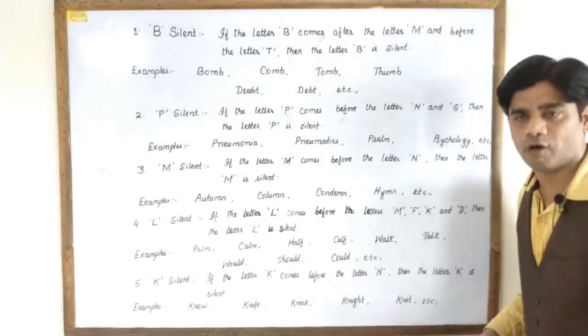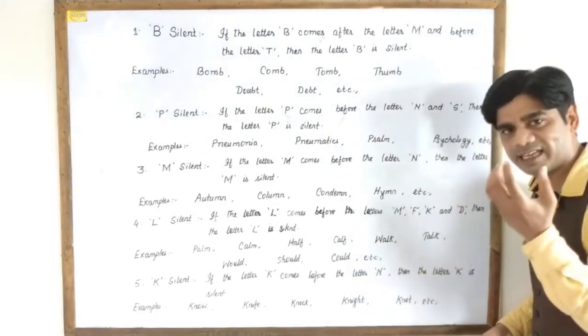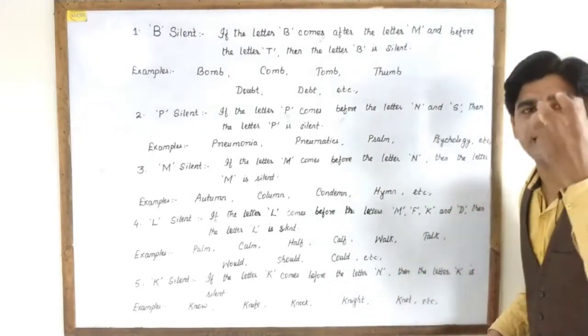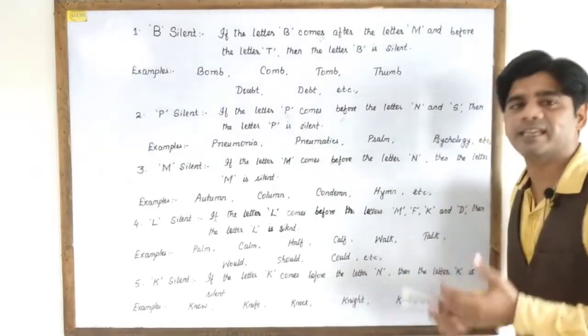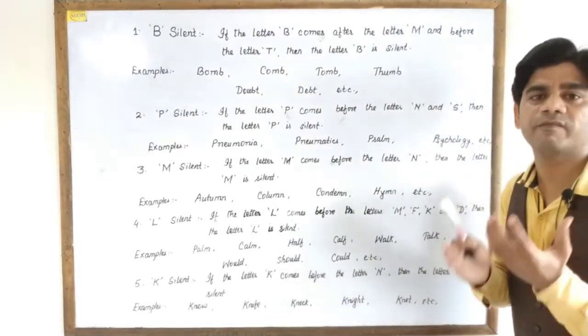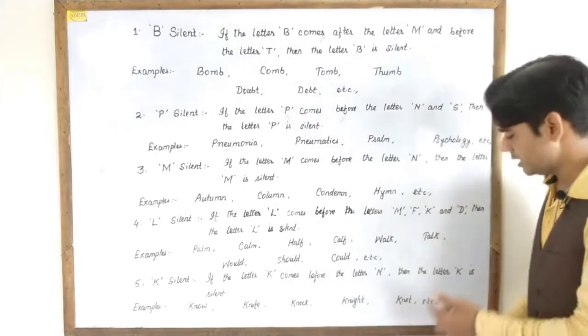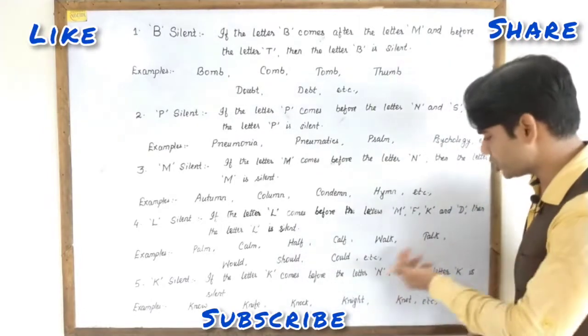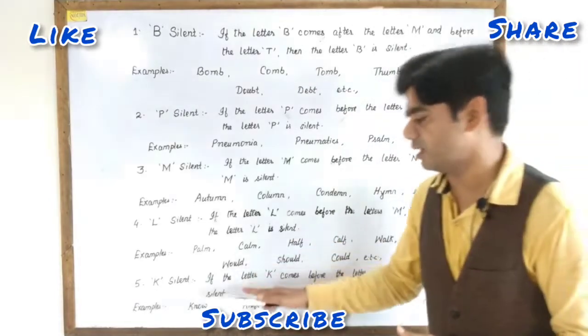WALK, walk. Here the letter L comes before the letter K, and as per the rule, if L comes before K, then L becomes silent. So we will pronounce it walk. Now the next example we have is TALK, talk.